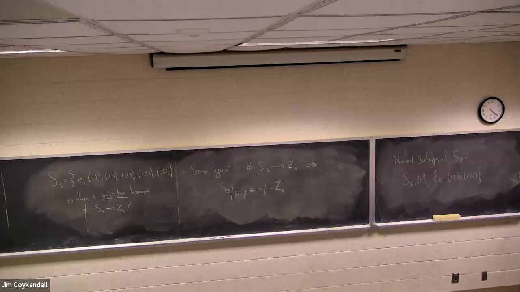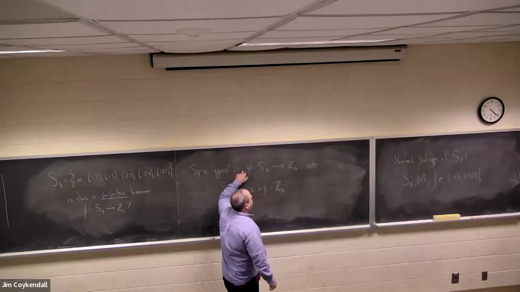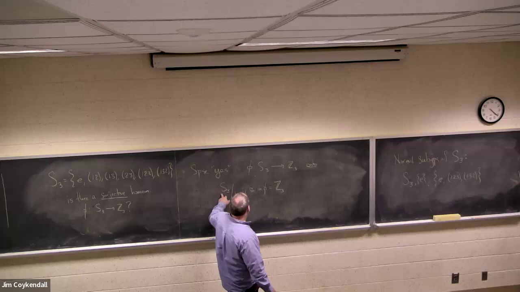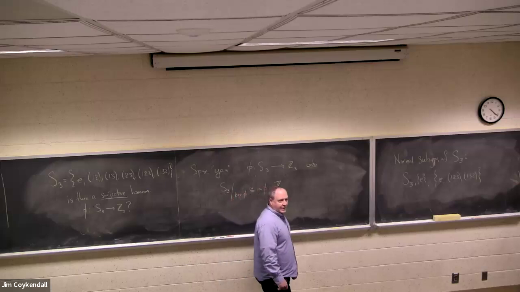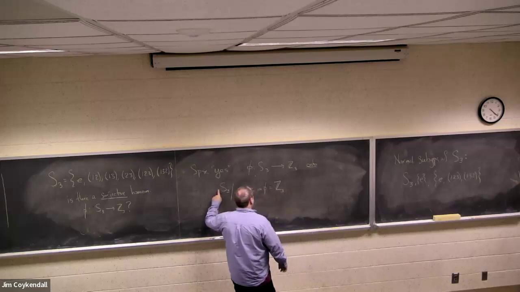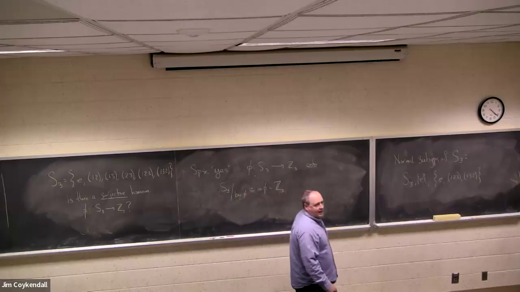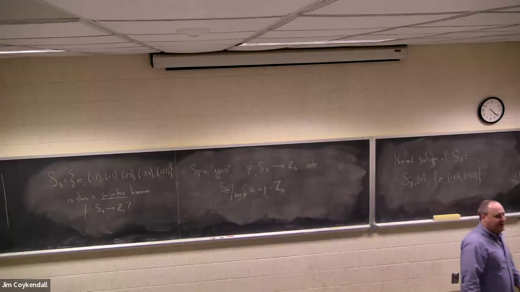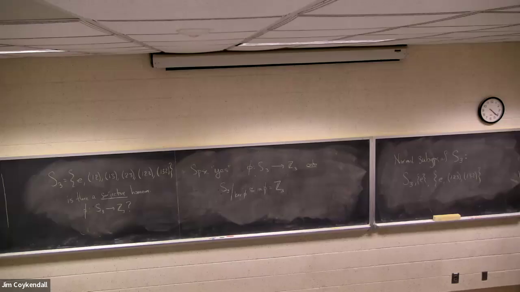Now, if there's a surjective homomorphism here, there has to be an isomorphism from S3 mod the kernel of phi to Z3. This has order 6, this has order 3. So what would the order of the kernel of phi have to be?